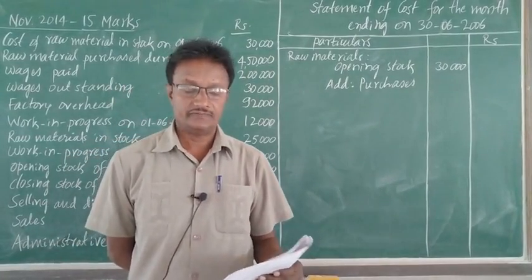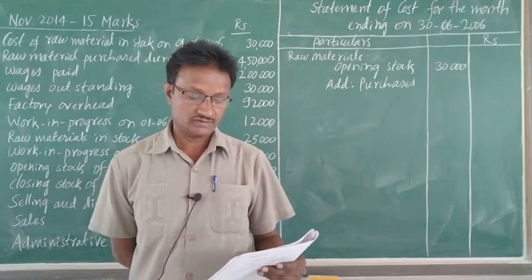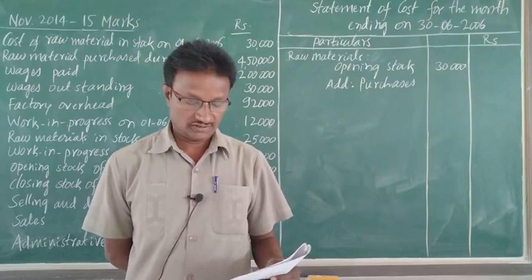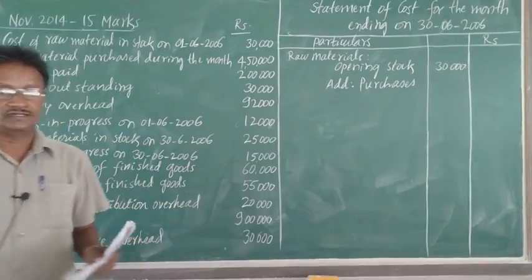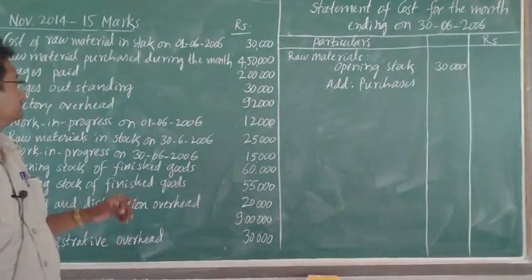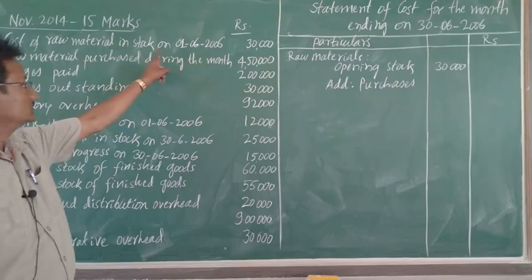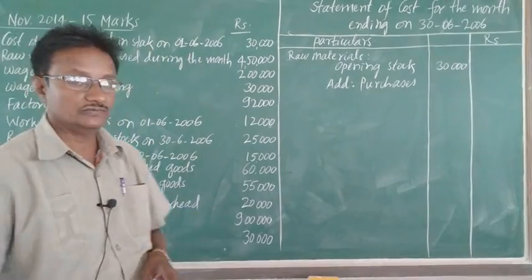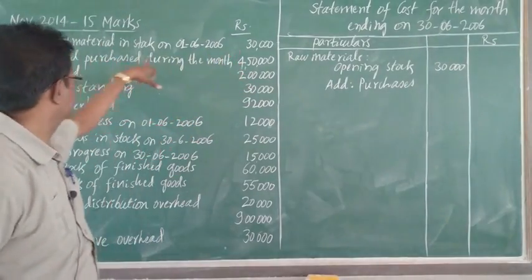for a period from June 1, 2006 to June 30, 2006, and the information given are cost of raw materials in stock on 1/6/2006, that is 30,000.